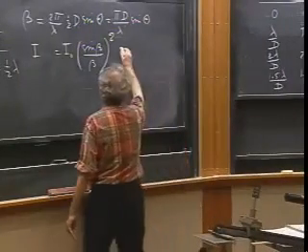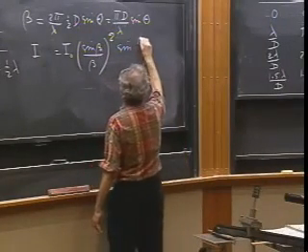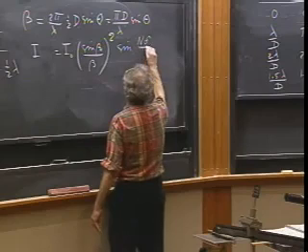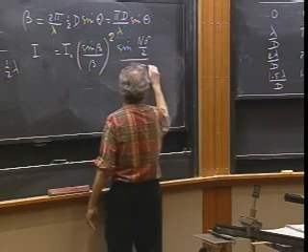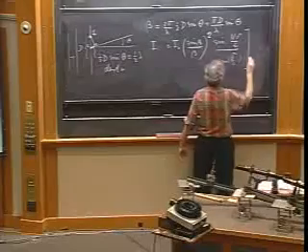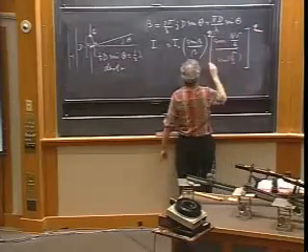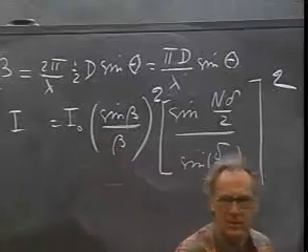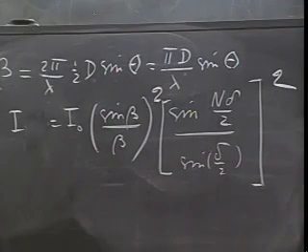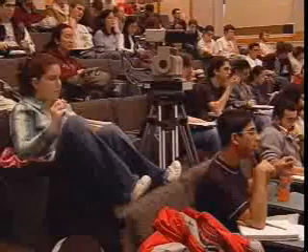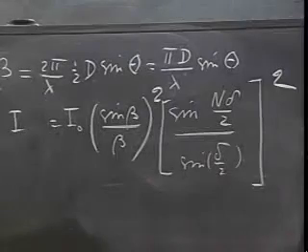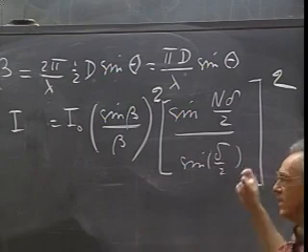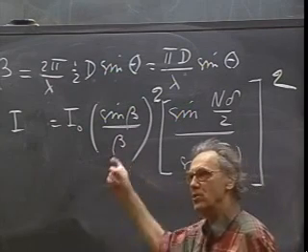Then I can write down here the sine of n delta over 2 divided by the sine of delta over 2. And now I put here the square. And now I have the real grating equation. And so what you see now is that since little d is always larger than capital D, the maxima, which come from this equation, are being modulated by this one.